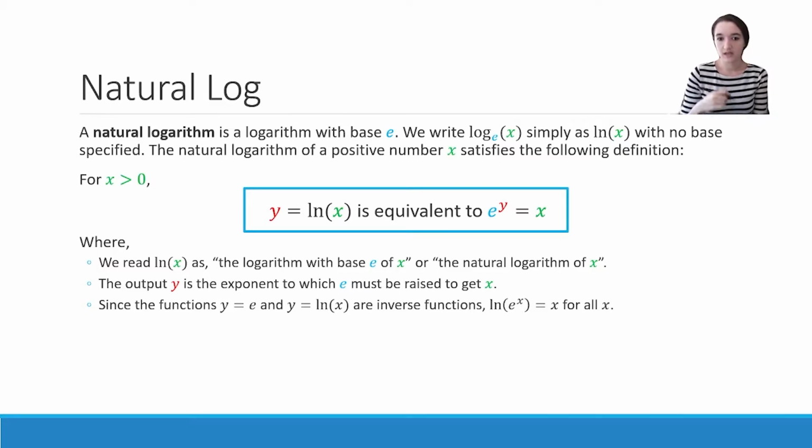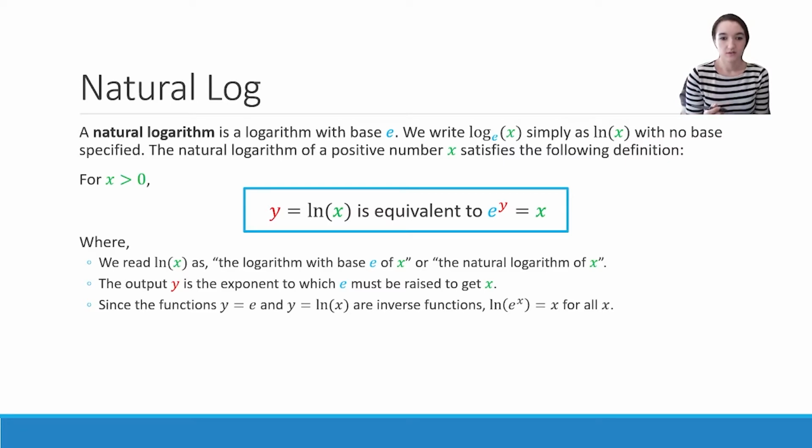So we read ln of x as either ln, as you can hear me saying, or the natural logarithm, or the logarithm base e, anything like that. But generally, if you say ln, that's fine. It is called the natural logarithm, though. That's ln comes from log natural. I guess it's to keep it consistent that it starts with an L.